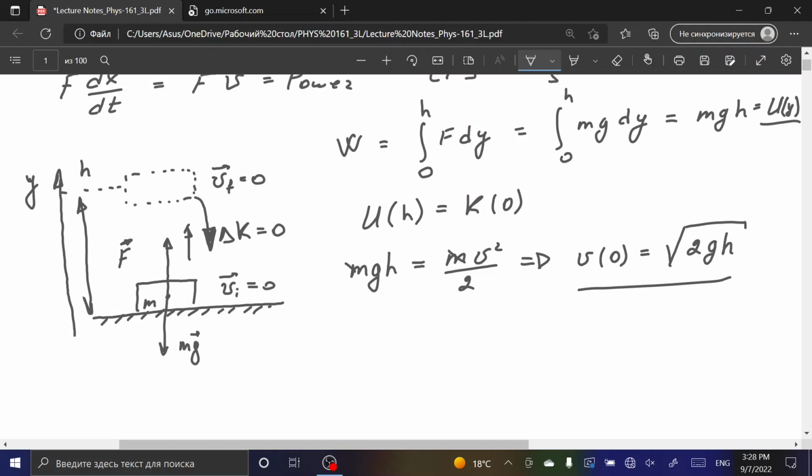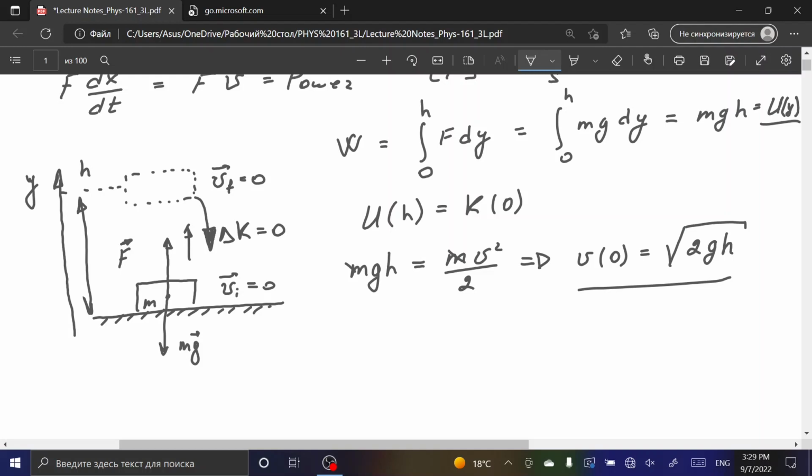We do not need to deal with kinematic equations in order to determine how much time it will move with constant acceleration, what will be the velocity when position is equal to 0, and so on and so forth. We can apply this conservation of energy. We claim that when we don't deal with any friction, we don't have dissipation of energy, so energy should be conserved.